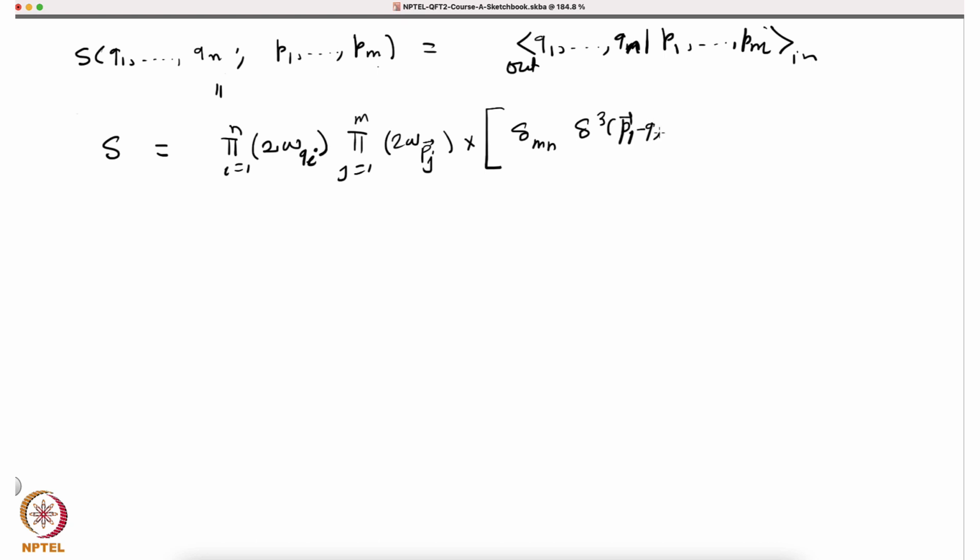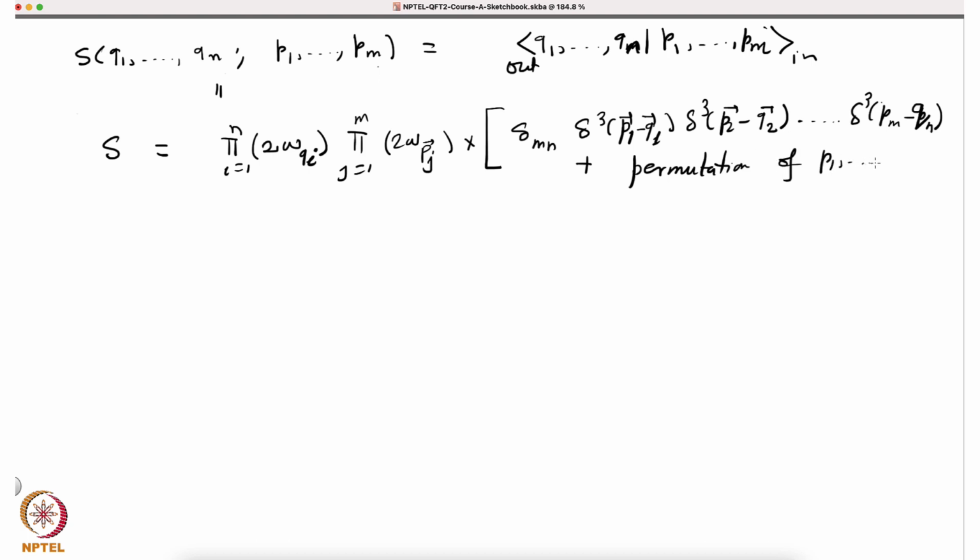And this is how the initial state and final state momenta are related. The initial state and final state momenta are the same. That is what these delta functions ensure. And plus permutations of P1 to Pn.